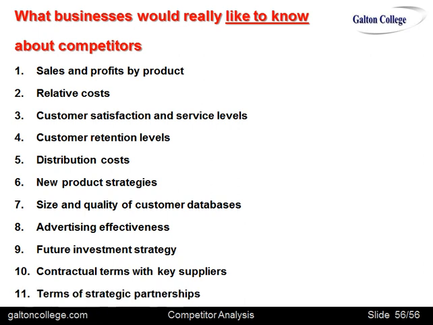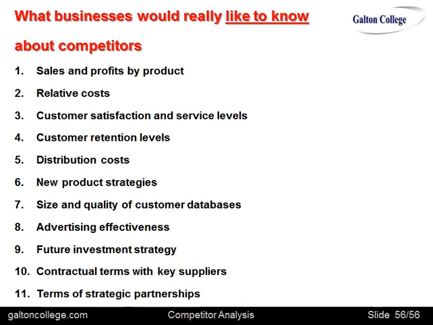And finally, the terms of strategic partnerships. If other businesses are forming links with yet other businesses, what are the terms between them, and why are they doing it? What's the advantage, and what are the terms? What benefits flow from those strategic partnerships if those are developed between competitors?